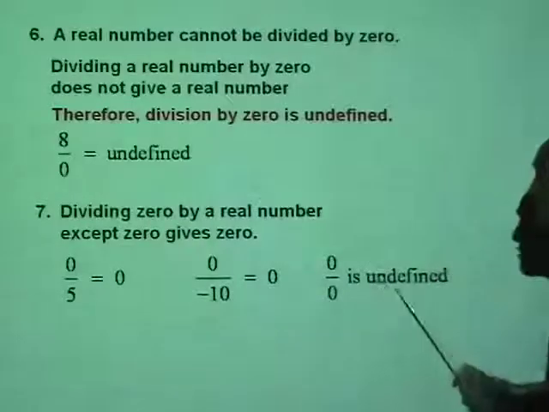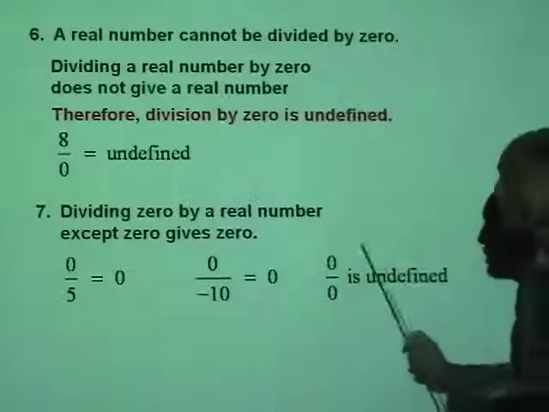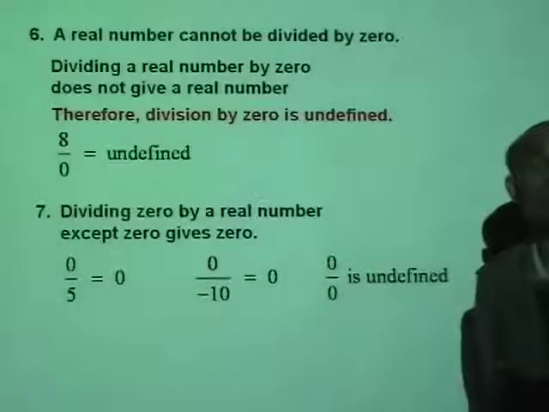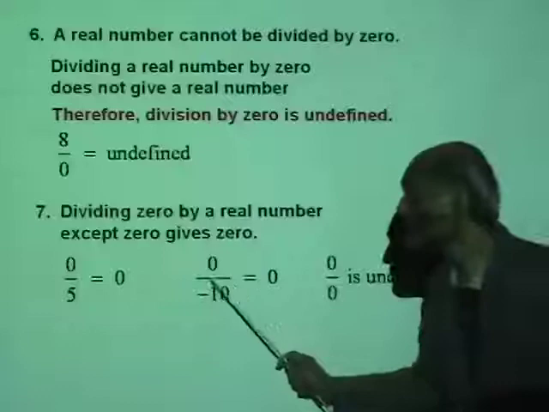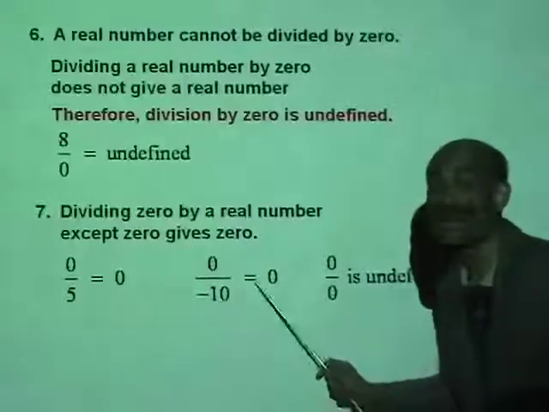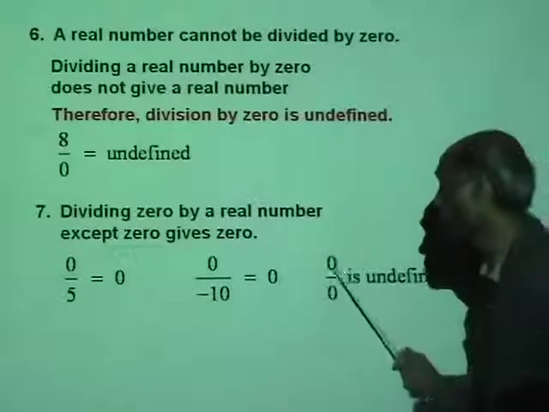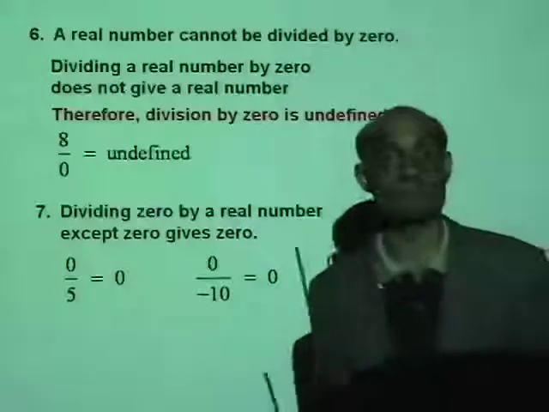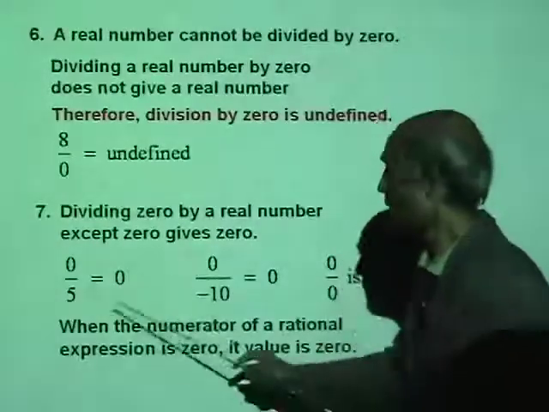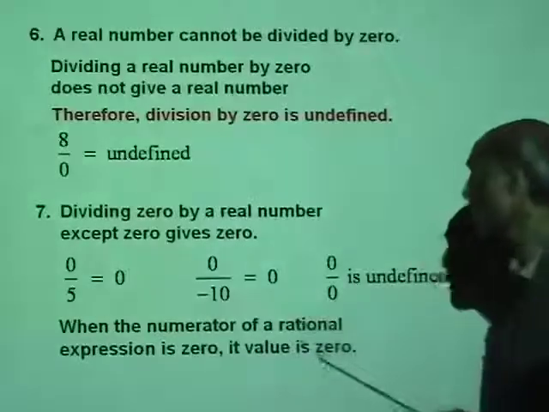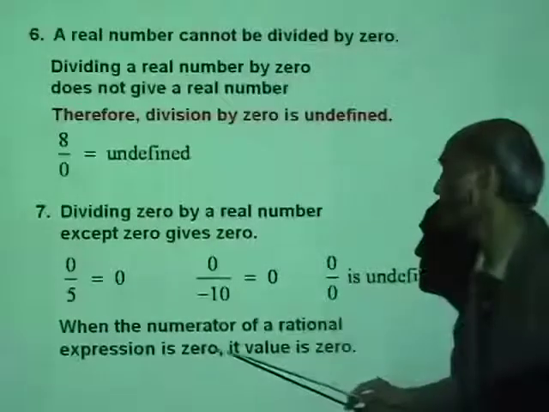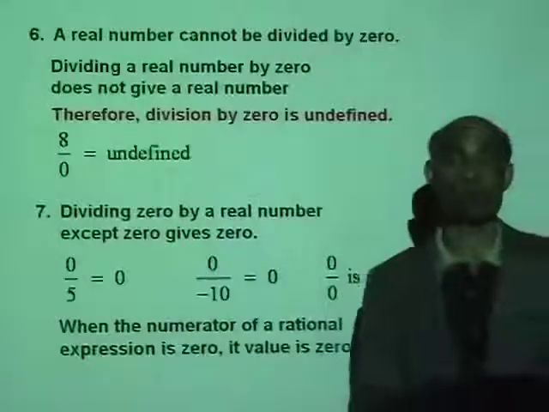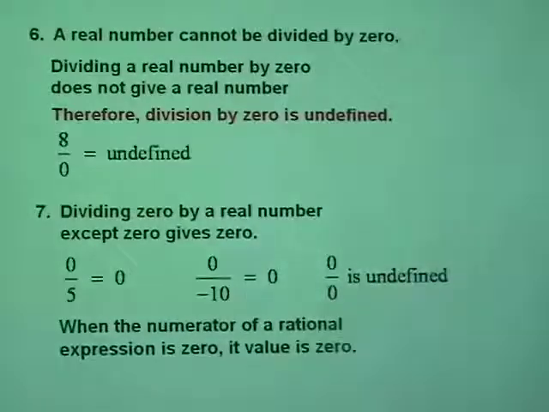Well, that is undefined, because no real number can be divided by 0. You see, while 0 divided by -10 is 0, 0 divided by 0 is undefined. When the numerator of a rational expression is 0, its value is 0. Now, let me ask you this.